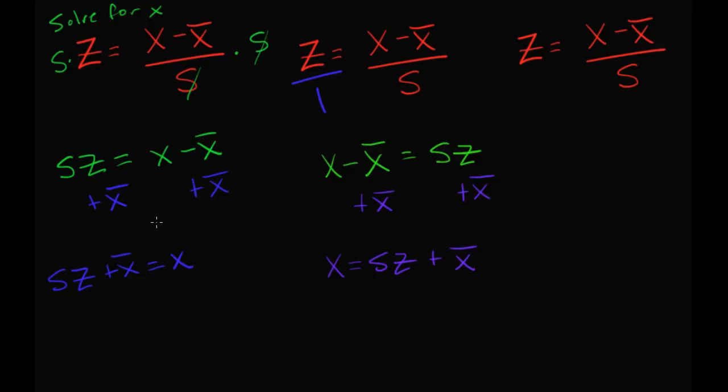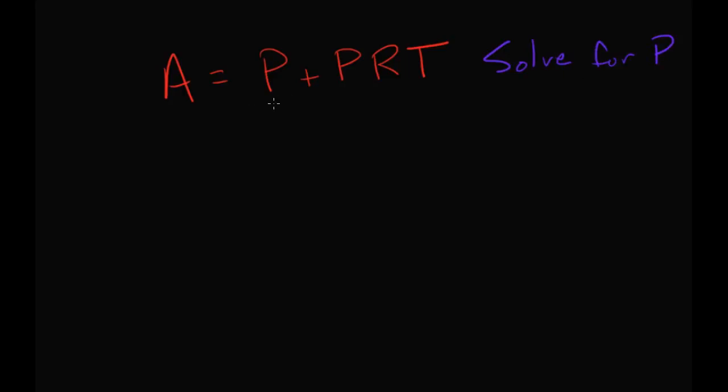So last but not least, what happens if we need to solve for a variable that's actually a part of two different terms? Well, the same idea applies. Any term that has the variable that we're looking for needs to be on one side of the equation, and both this term and this term are on the same side of the equation.